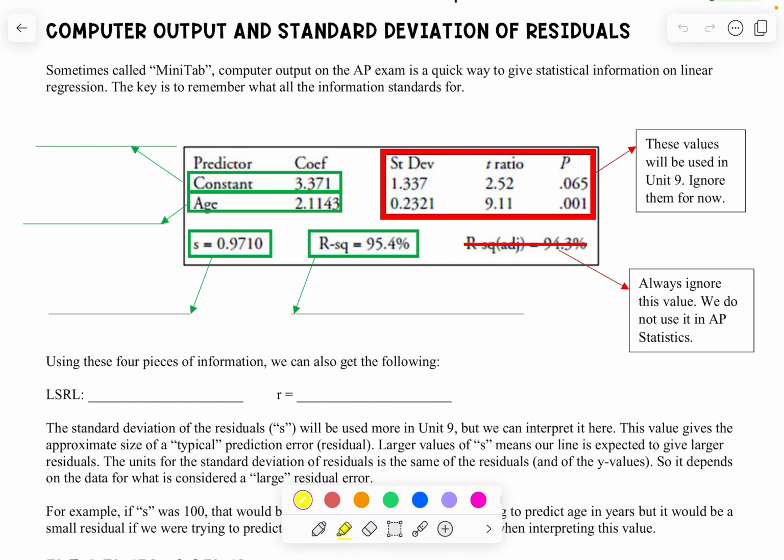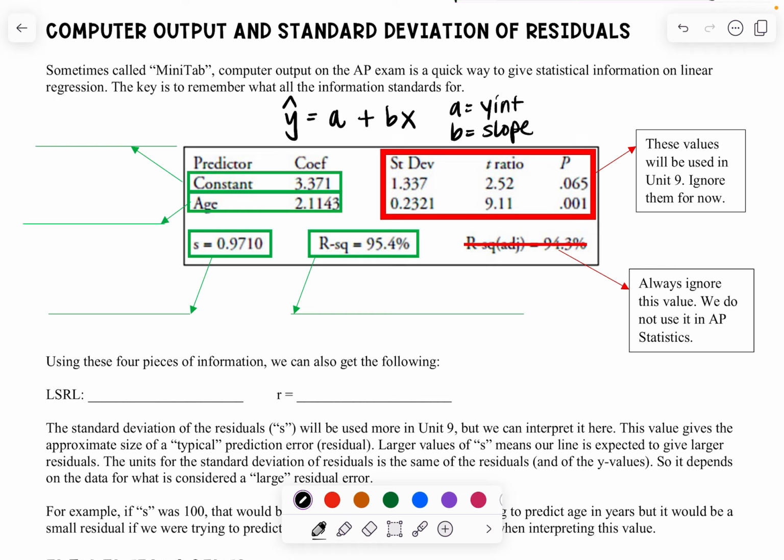And this computer output gives you everything that you need for a linear regression. So the first thing I'm going to point out is the main thing. Remember, for a linear regression, we are trying to predict y based on a y-intercept and a slope. A typically references the y-intercept, B typically references the slope.